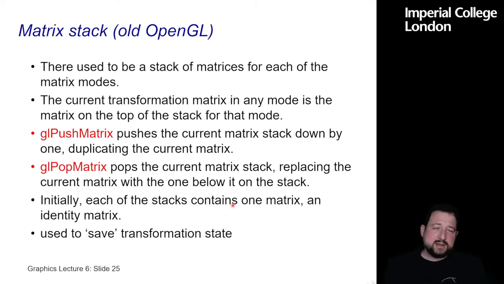Very old OpenGL. You will also probably see sometimes in OpenGL code from the internet these kind of matrix stacks. Before shader model 4, usually what you would do is to define a transformation stack, which are all the transformation matrices we discussed in earlier videos, just put on a stack.